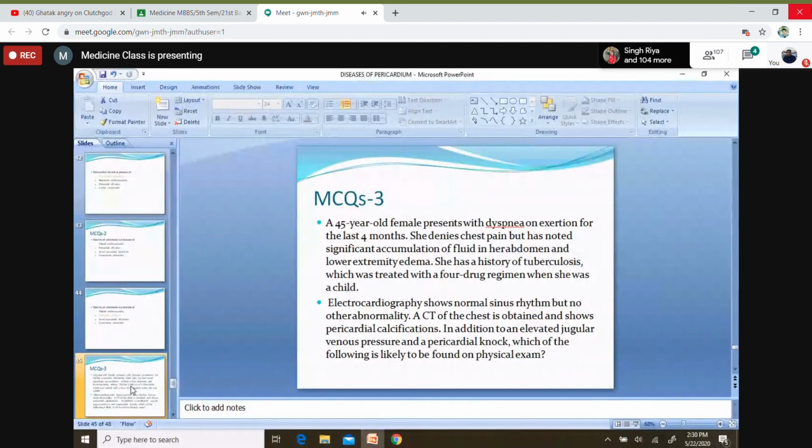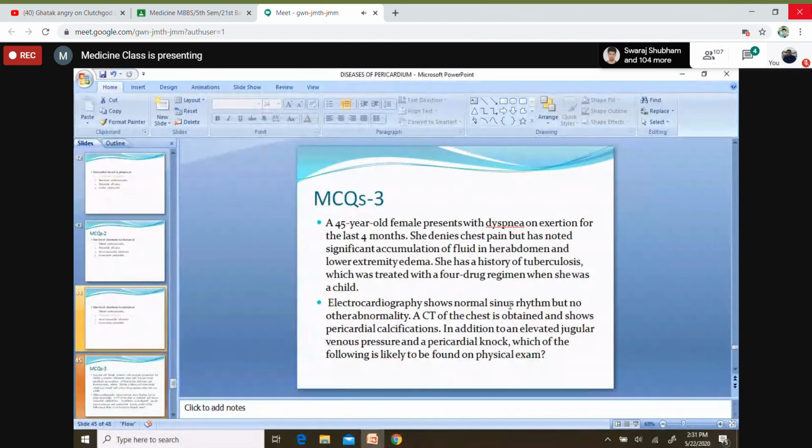Electrocardiography shows normal sinus rhythm without any other abnormalities. CT of the chest is obtained and showed pericardial calcification. During examination, there is raised JVP with pericardial knock. Which of the following is likely to be found on physical examination?